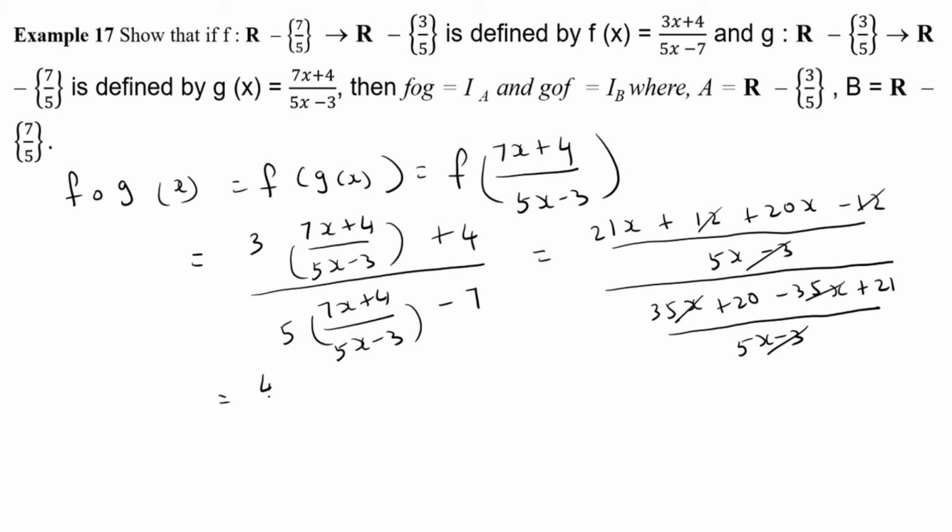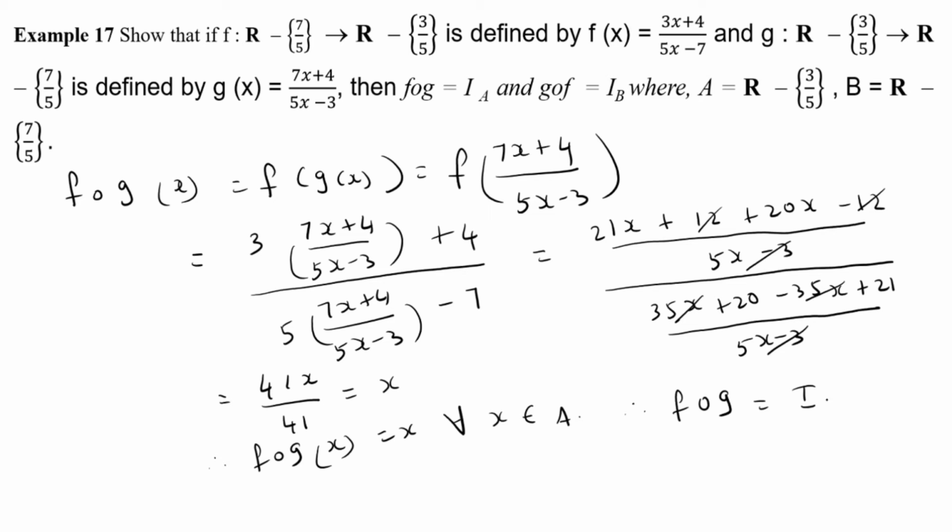So this is equal to 41x by 41, or this is equal to x. So therefore we can see that f of g of x is equal to x for all x belongs to A. Which means f of g is equal to the identity function IA, and g of f is equal to the identity function IB.